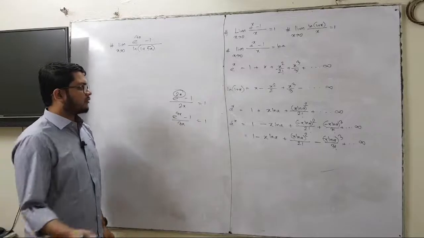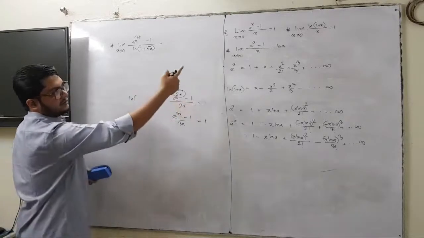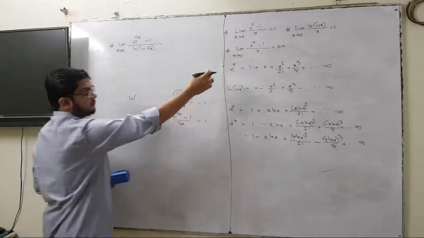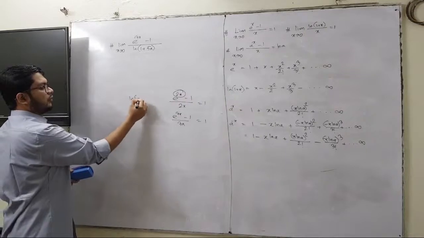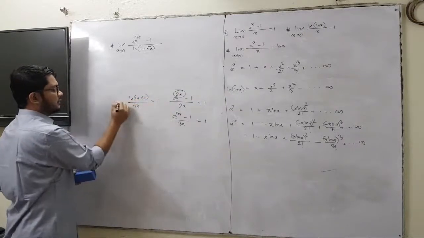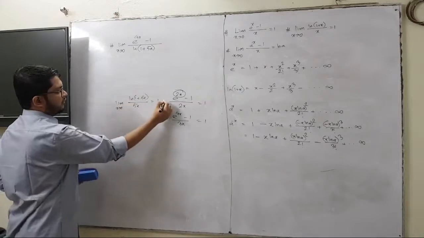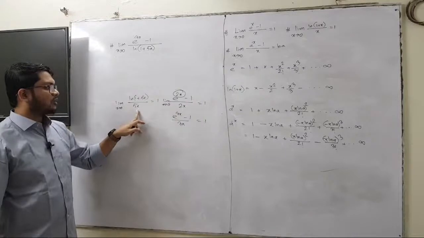Similarly, for ln(1 plus x), ln(1 plus x) divided by x is equal to 1. So ln(1 plus 5x) divided by 5x, limit x tends to 0. Let me apply the limit. This will also become 1.